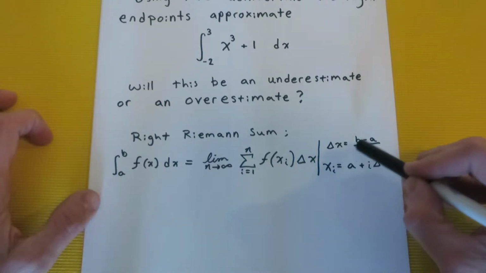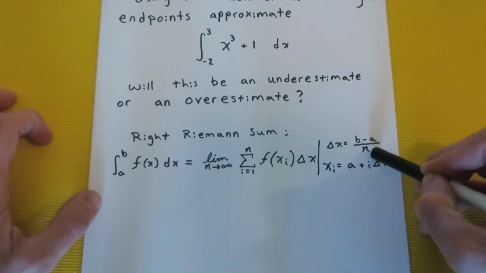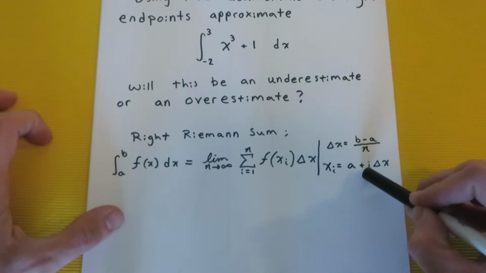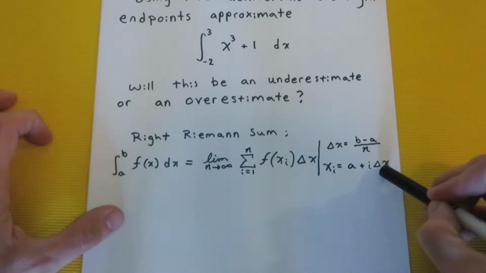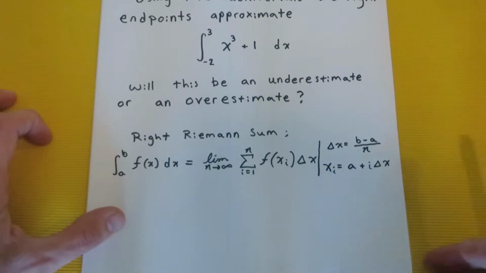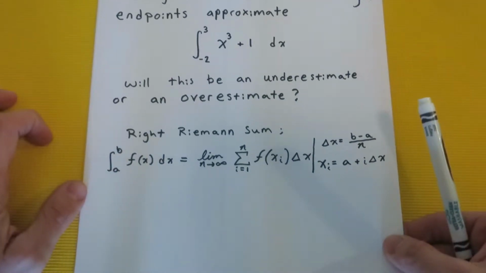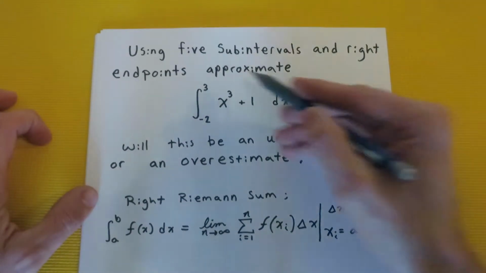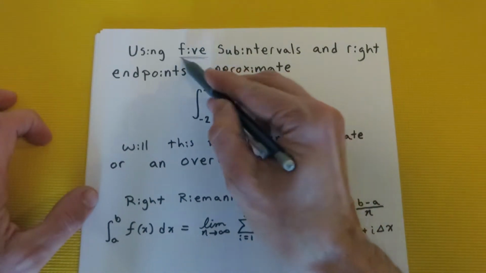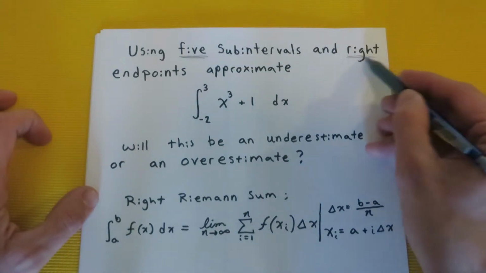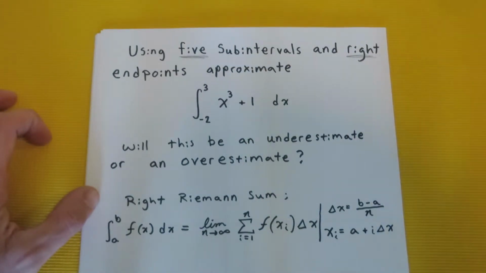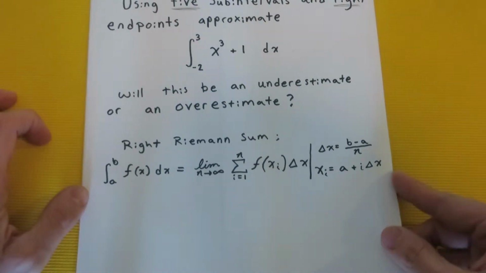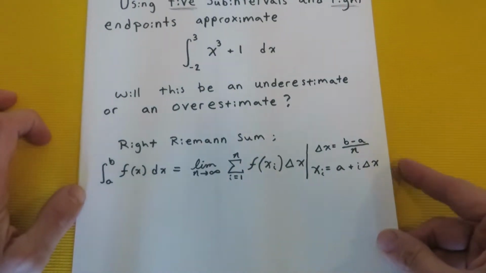Delta x is defined as b minus a over n, and x sub I is a plus I times delta x. Now, for our purposes, we are only using 5 subintervals and right endpoints. So we don't need the limit as n approaches infinity. We're just going to use all of the other parts of this.